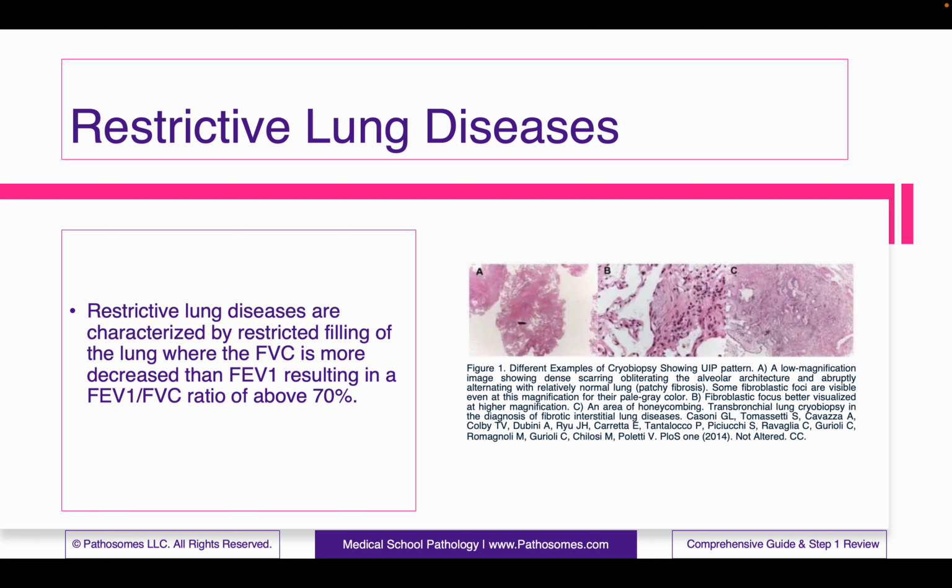By the way, if it was less than 70%, what would be on the top of the differential? COPD, perhaps? Right. But in restrictive lung diseases, the FEV1 over the FVC tends to be greater than 70%.